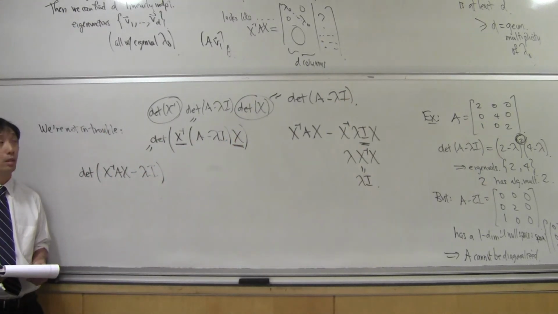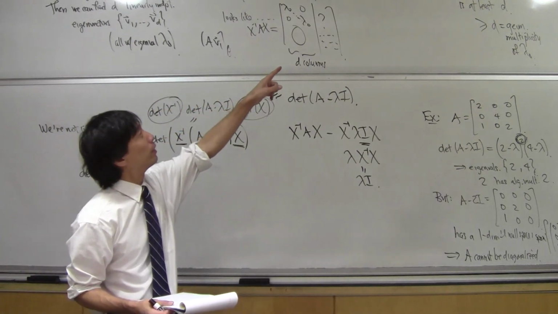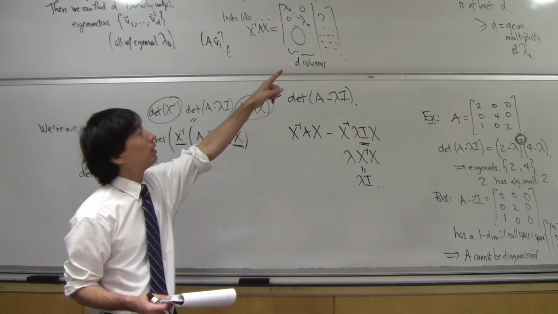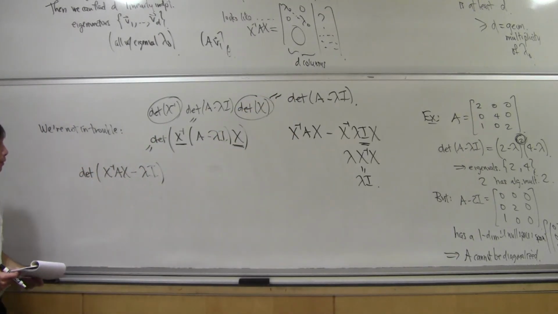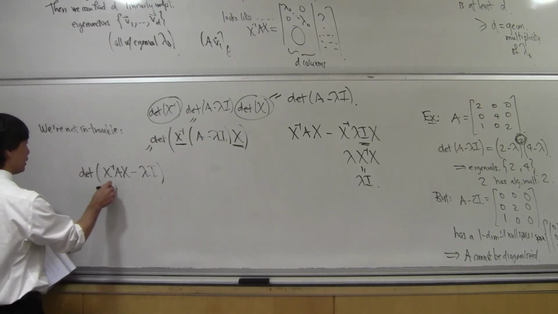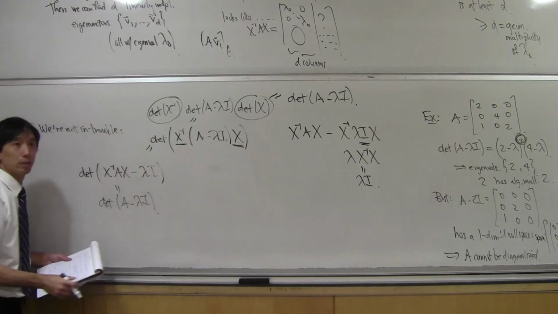Okay. So the characteristic polynomial of X inverse AX is the same thing as the characteristic polynomial of A.